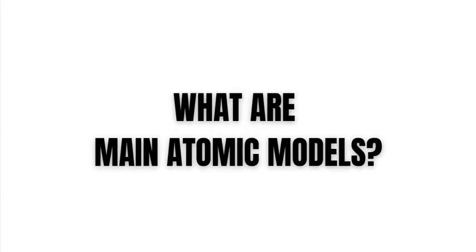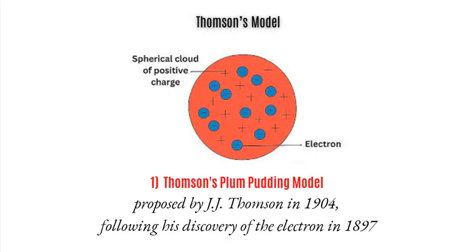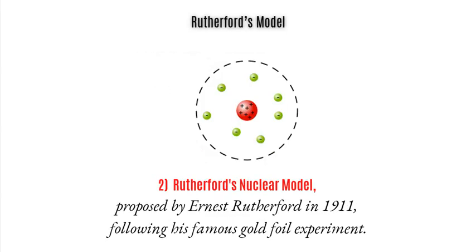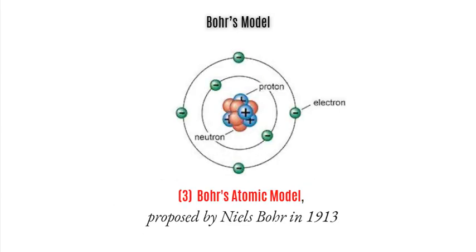What are main atomic models? Thomson's Plum Pudding Model, proposed by J. J. Thomson in 1904, following his discovery of the electron in 1897. Rutherford's Nuclear Model, proposed by Ernest Rutherford in 1911, following his famous gold foil experiment. Bohr's Atomic Model was proposed by Niels Bohr in 1913.